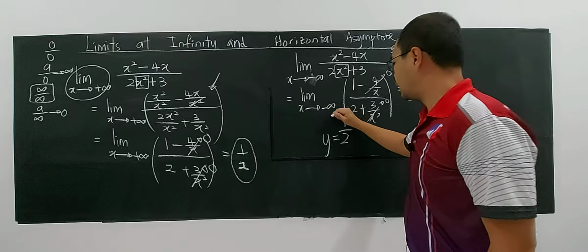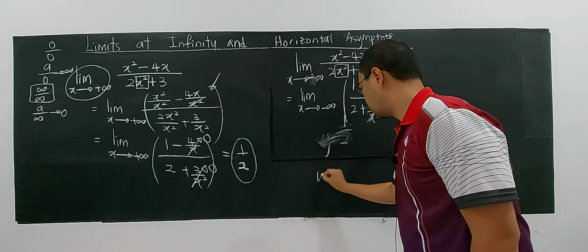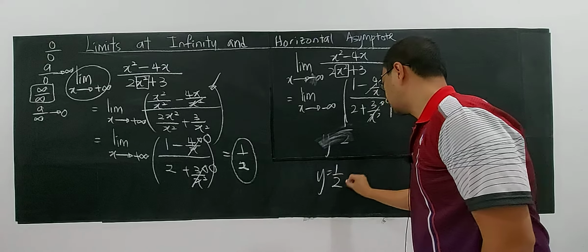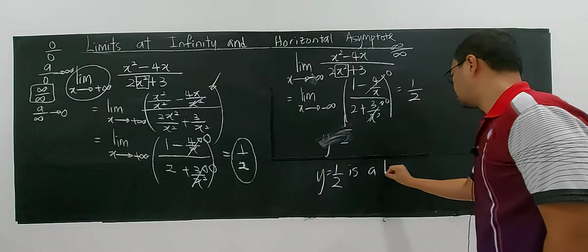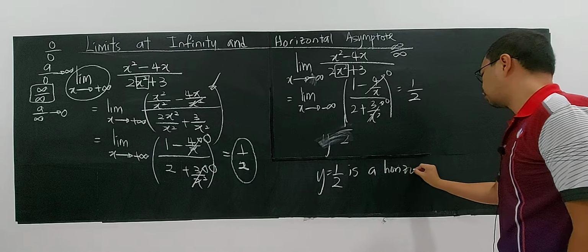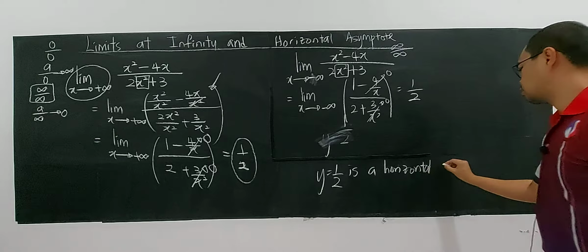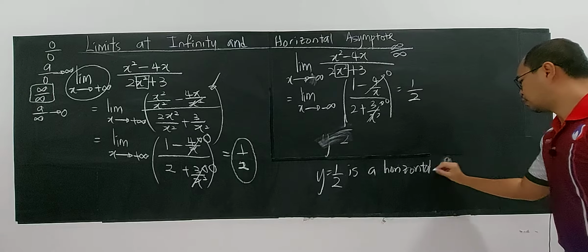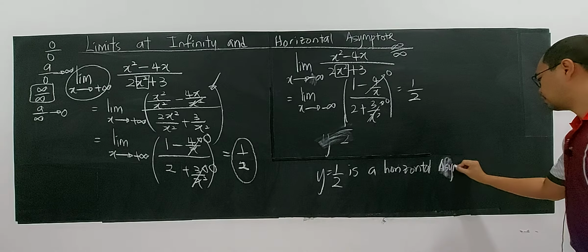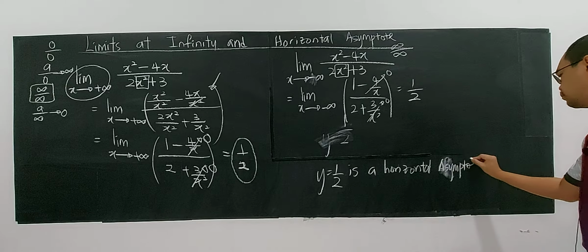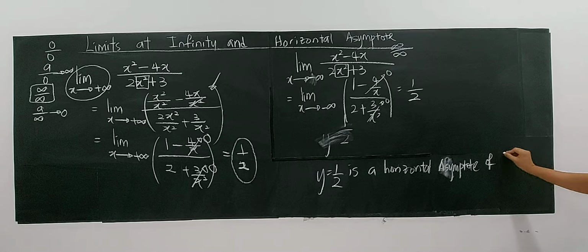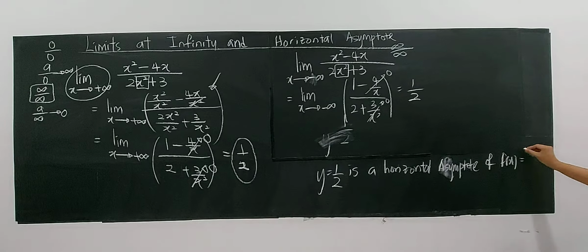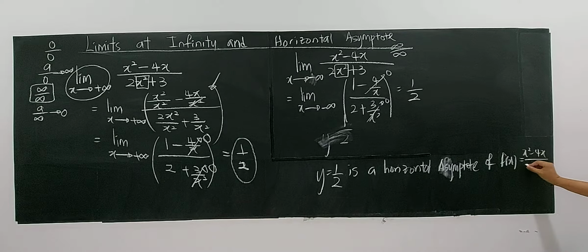It means that y equals 1 over 2 is a horizontal asymptote of the function f(x) equals x squared minus 4x over 2x squared plus 3.